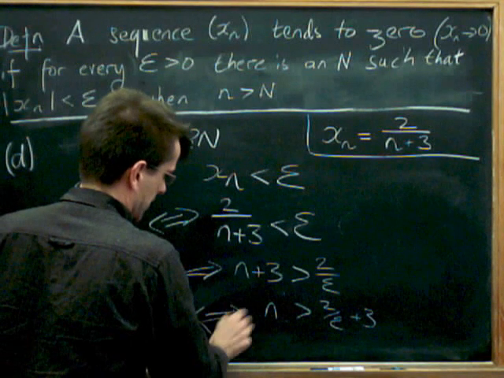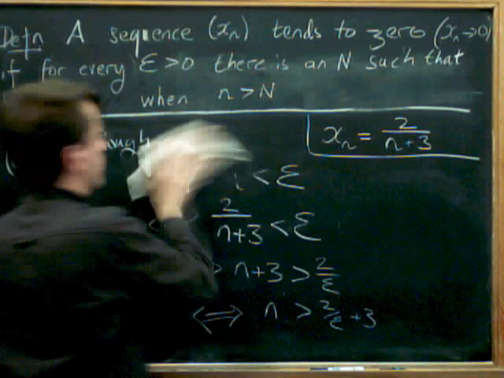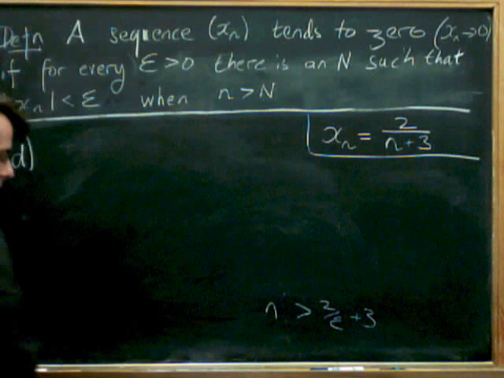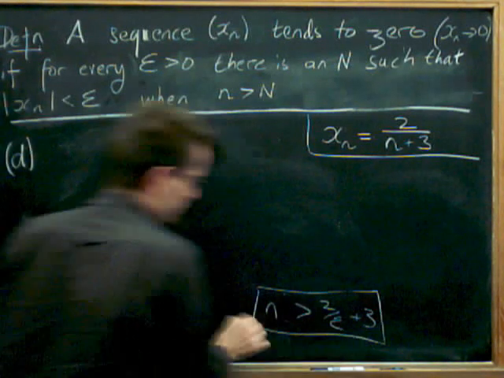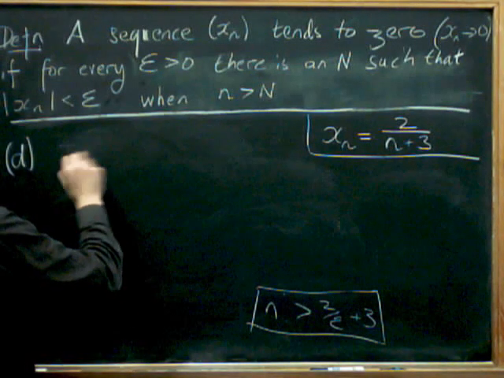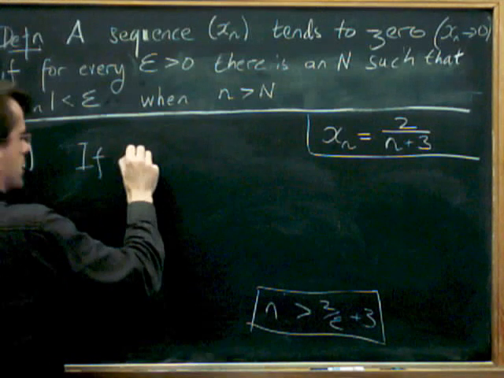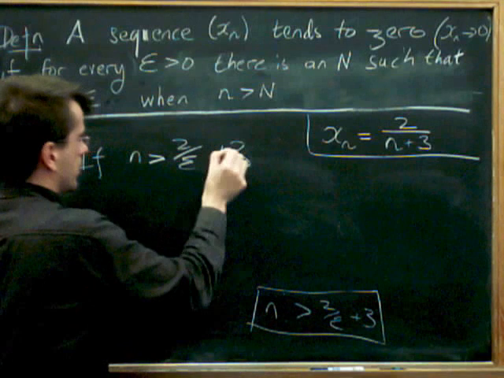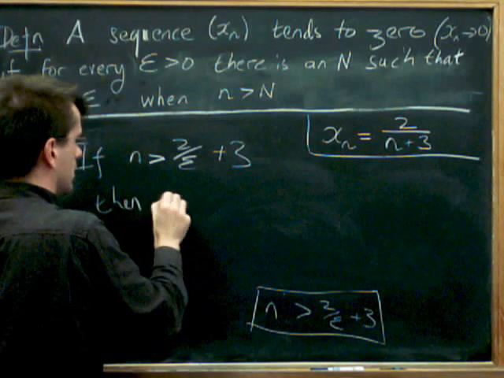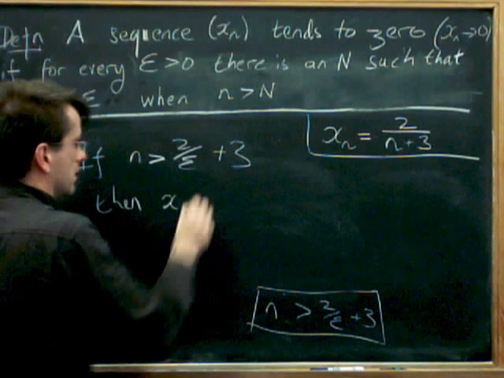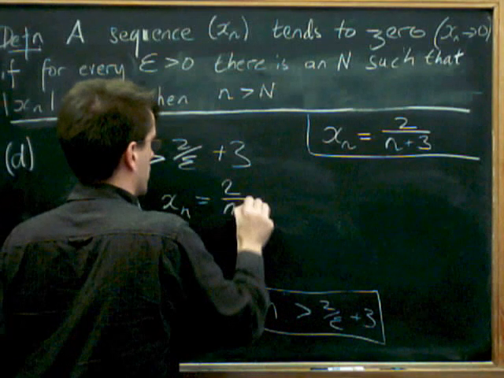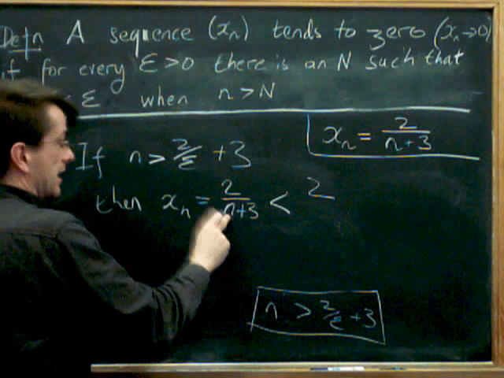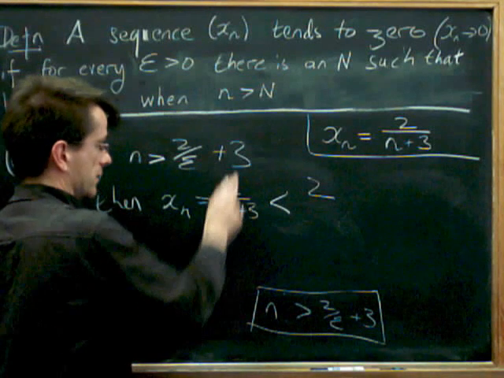And now we need to work backwards. If n is bigger than 2 over epsilon minus 3, then xn, 2 over n plus 3, is going to be less than 2 over epsilon minus 3 plus 3, because little n is bigger than this thing, so the denominator is bigger, so the whole thing is less.